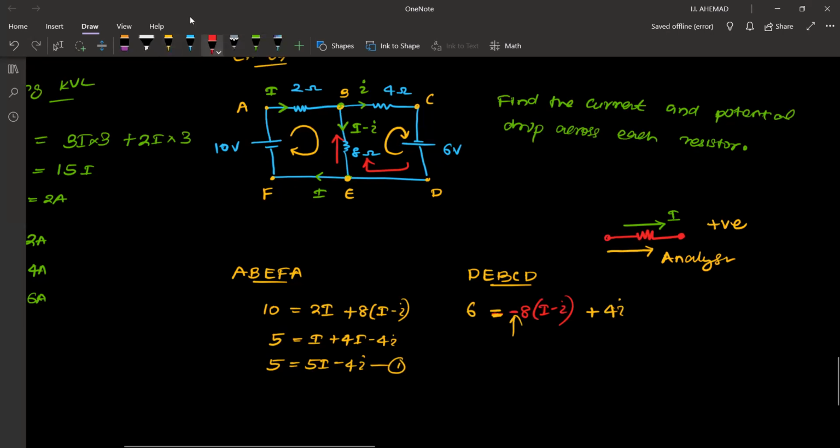If the current is in this direction, but you are analyzing the opposite direction, then it is negative. Amna, is it clear? So you don't need to think a lot whether the potential is increasing or decreasing. Why I had to explain that deep is to understand why we have positive and negative. Now you can just look at the direction of current and mark these signs.